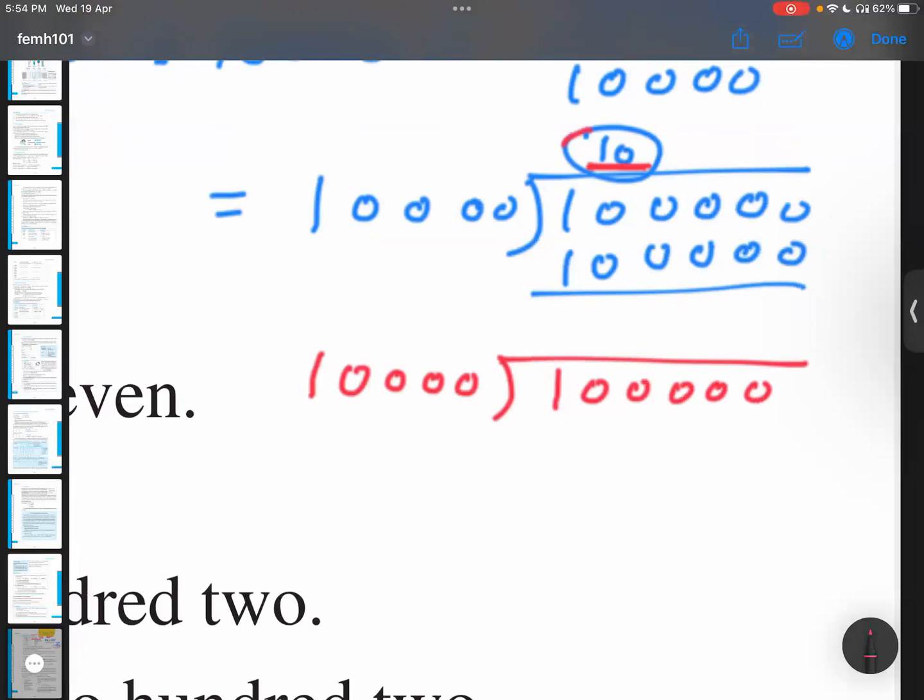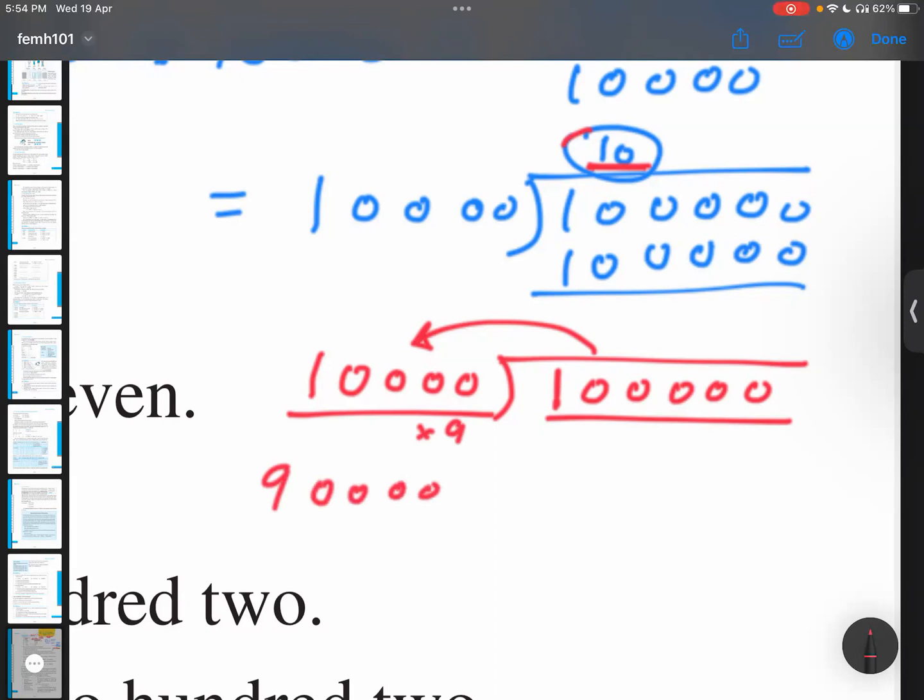Okay, we need to cancel it by this number. In division, how do we do that? We simply read out the table or take the value which will help us get the remainder zero. If we take it close to 9 and multiply it by 9, we get 90,000.